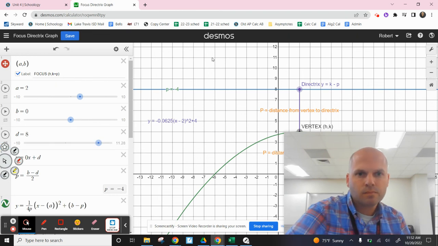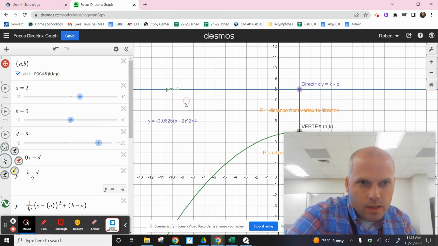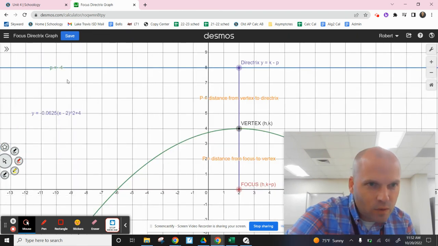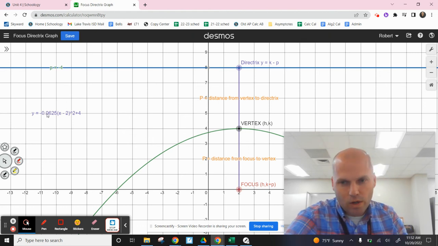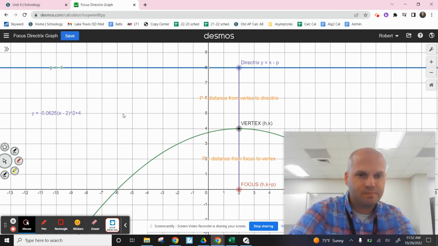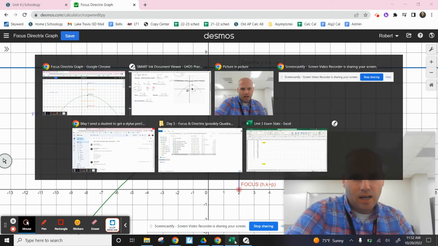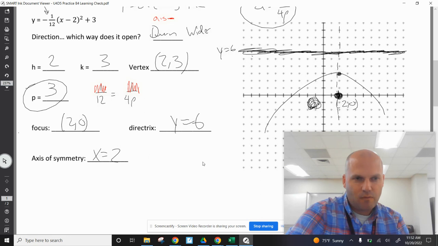Boom. P is -3. Well, I'd change this. My equation is y equals -1/12 (x minus 2) squared plus 3. So, boom. My focus is at (2, 0).